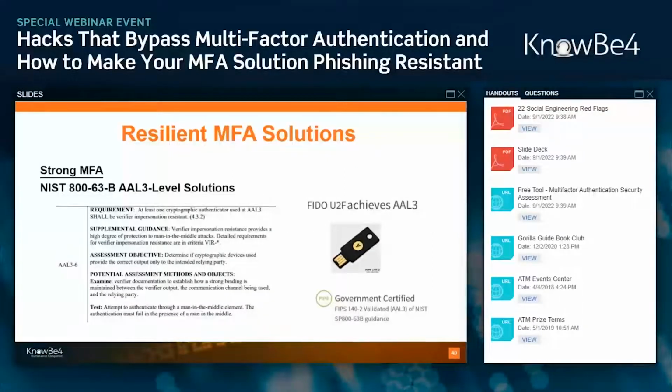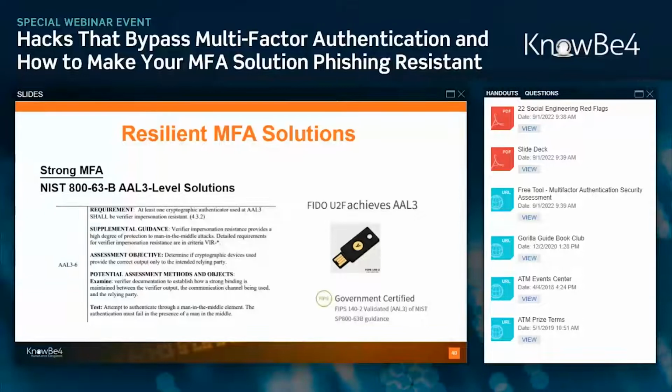Anything that says it's NIST 800-63 AAL3 is phishing resistant. So again, NIST 800-63 came out. It's called the Digital Identity Guidelines, and there are different levels of assurance and security in different types of identity models. And the ultimate solution was known as AAL3, Assurance Level 3.